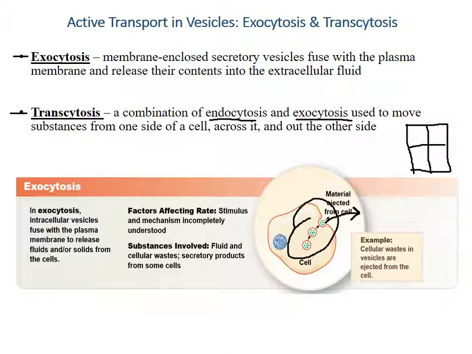So for instance, if material was coming in from here and it needed to get to here, it would have to undergo endocytosis to get into this cell, and then it would have to undergo exocytosis to get out of that cell, and then endocytosis again to get back into the target cell. Because we're doing both endocytosis and exocytosis and just simply moving through the cell, we call that transcytosis.